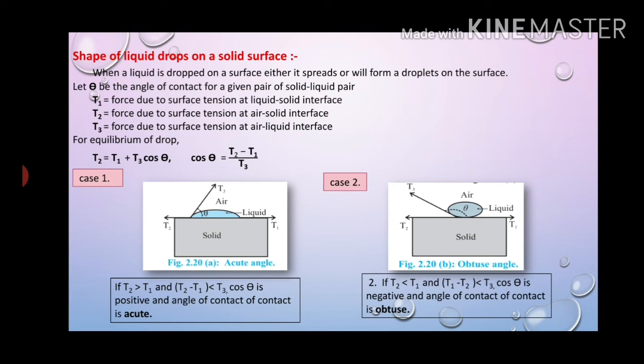In the second case, if T2 is less than T1 and T1 minus T2 is less than T3, here in the bracket I have written T1 minus T2 while the equation has T2 minus T1, so I have taken the minus sign common. Therefore cos theta is negative and the angle of contact is obtuse.